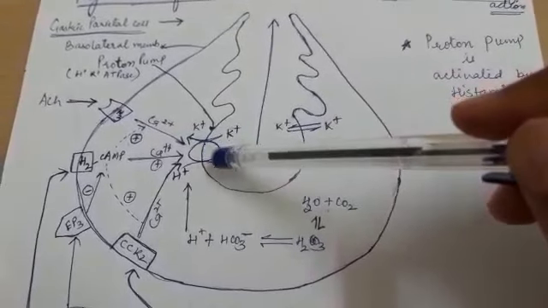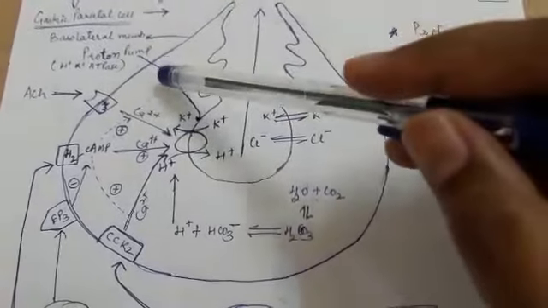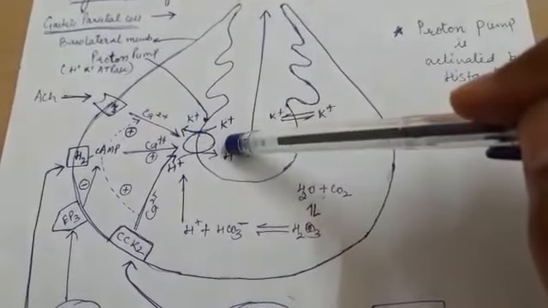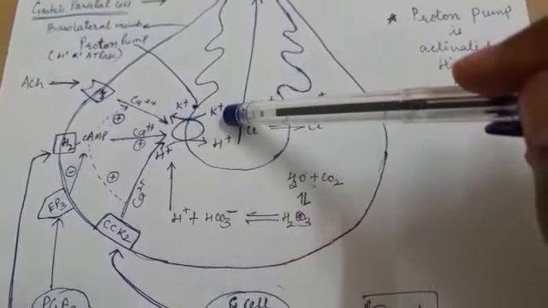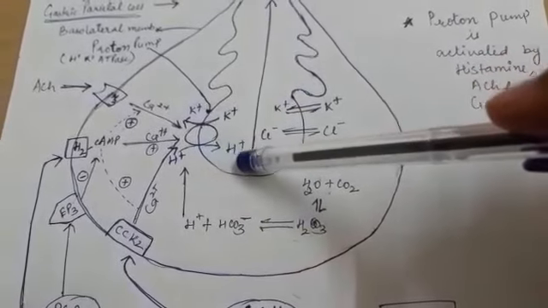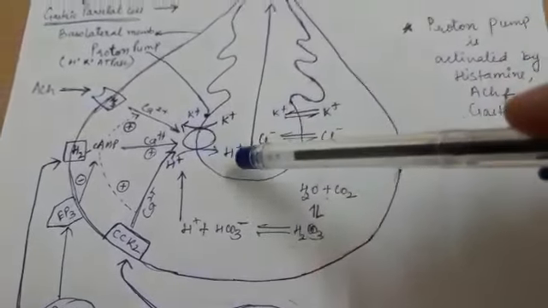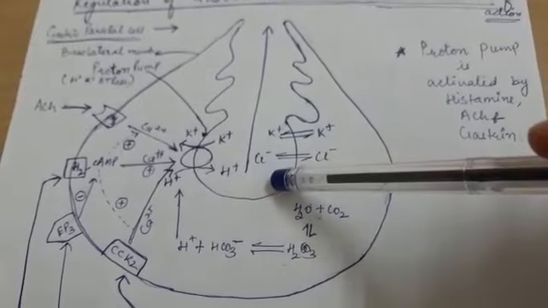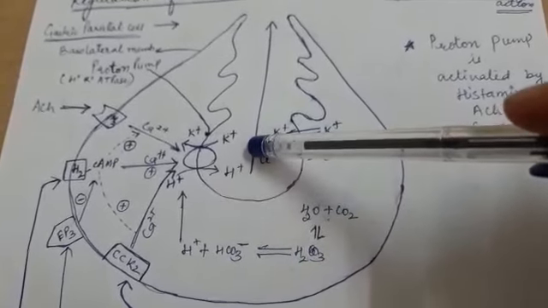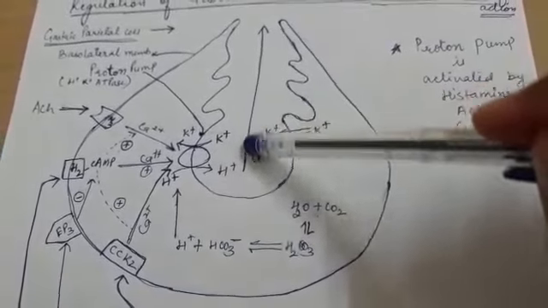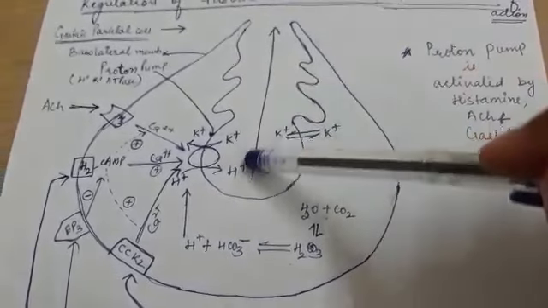Through this proton pump there is exchange of hydrogen ions and potassium ions. These hydrogen ions along with the chloride ions form hydrochloric acid, which is released from the gastric parietal cell.